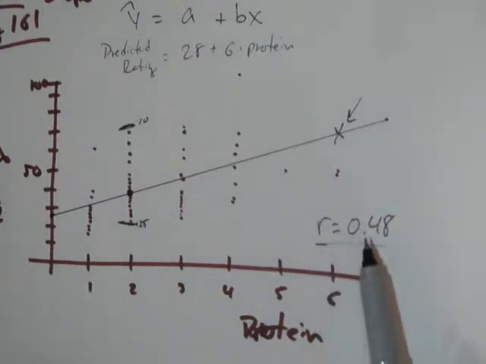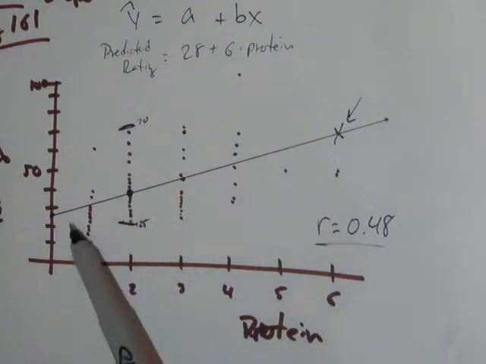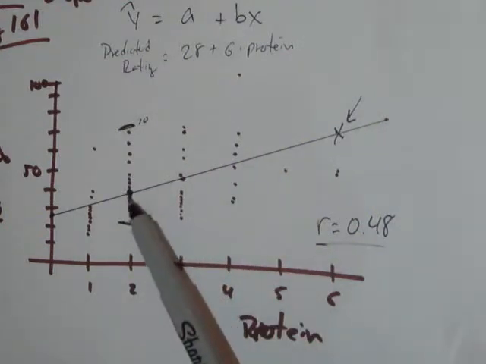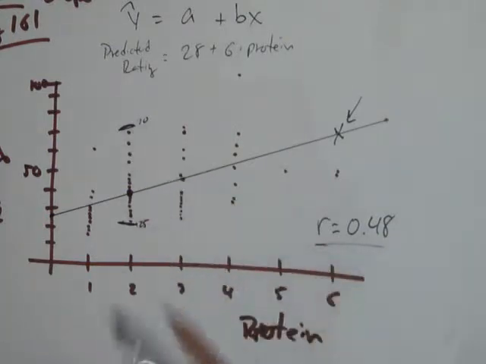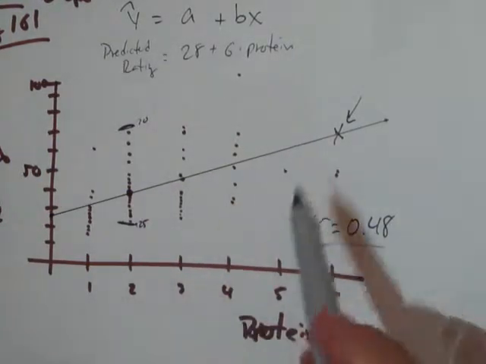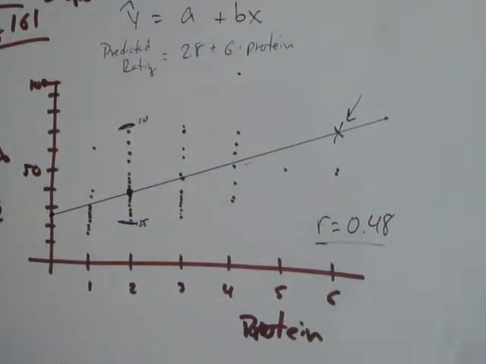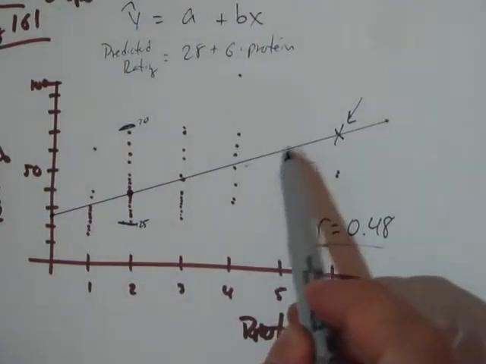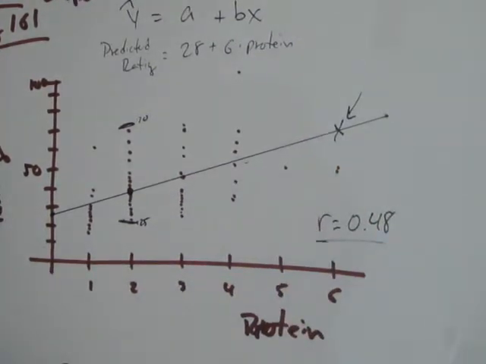Because it's a weaker correlation, the dots are further away, so the prediction we make could be pretty far from the actual data. If the dots were closer to the line, we could be more confident, because the number we get on the line would be really close to the other dots.